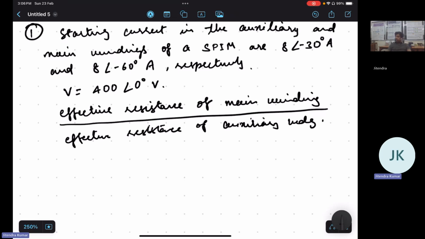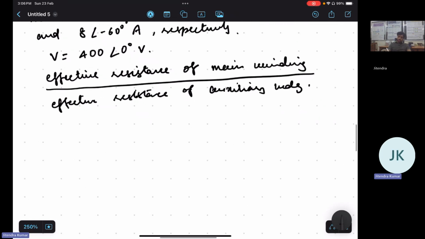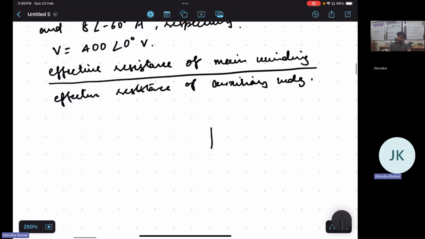Now, we are given the voltage, we are given the current, and we know the circuit of the single phase induction machine, which is here: 400 angle 0 degree and main winding.